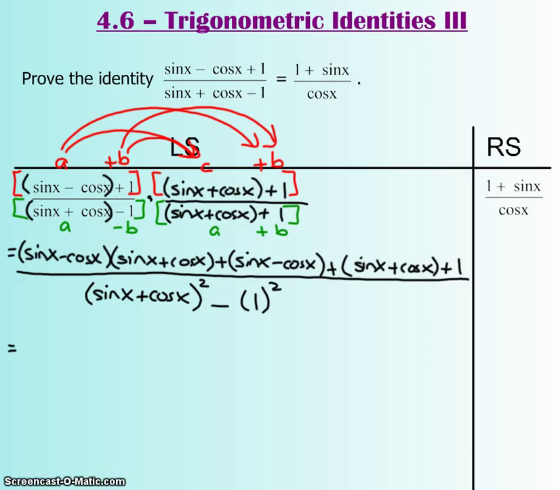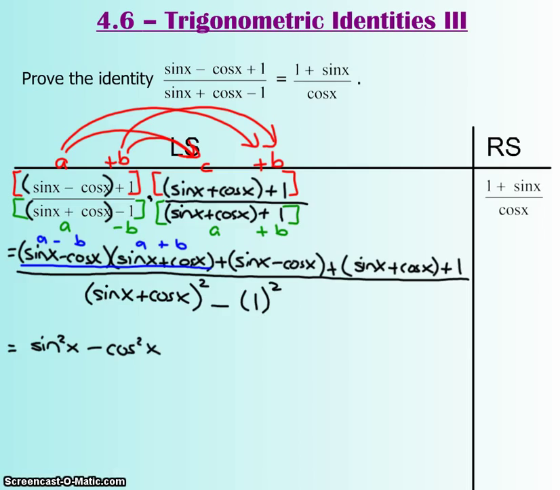Okay, now what we're going to do is we're going to expand everything. Notice that this part right here is a difference of squares because you have a minus b and a plus b. So then I'm just going to say that equals a squared minus b squared.